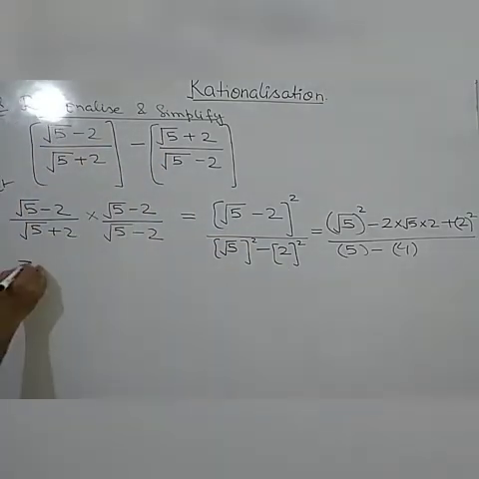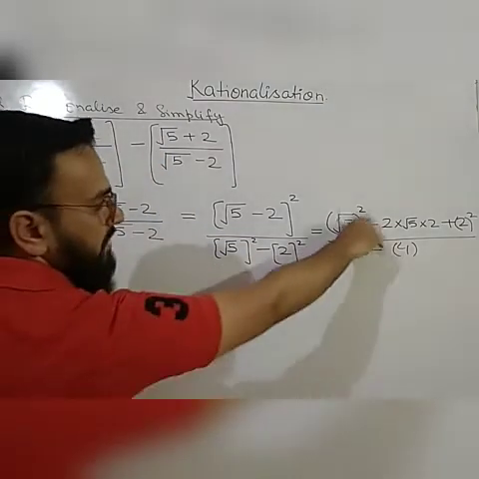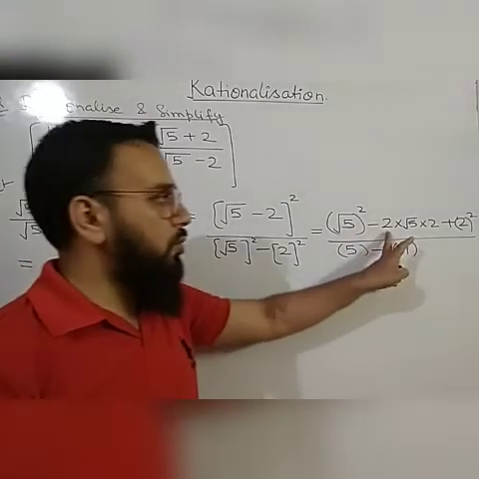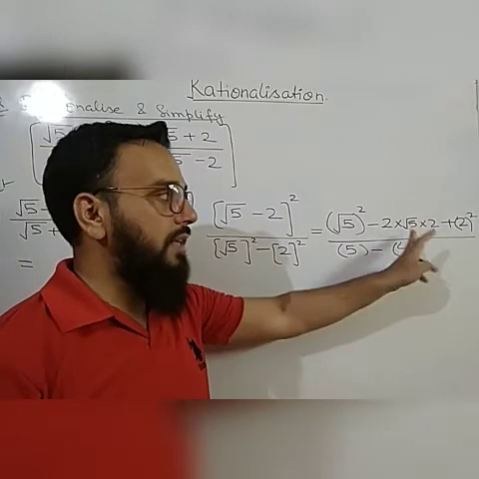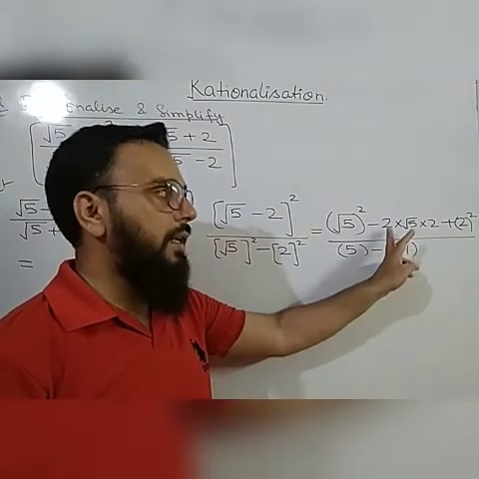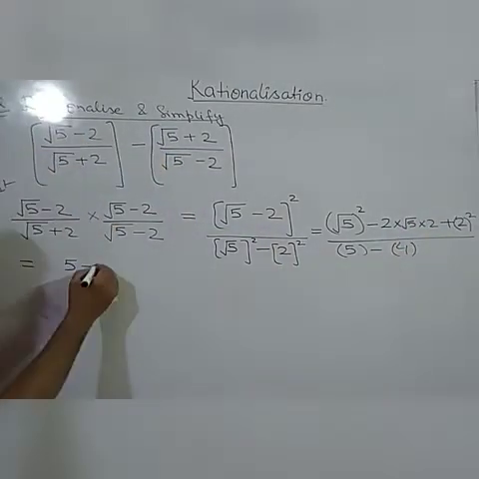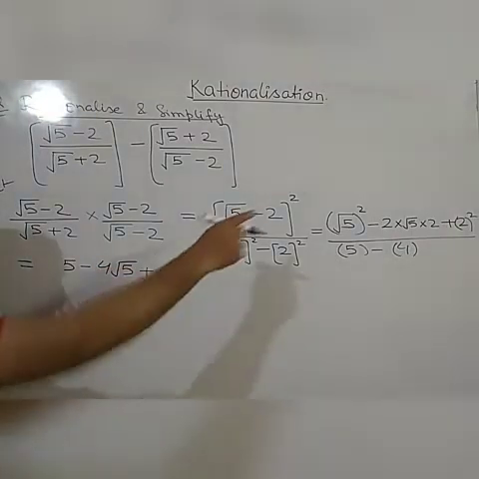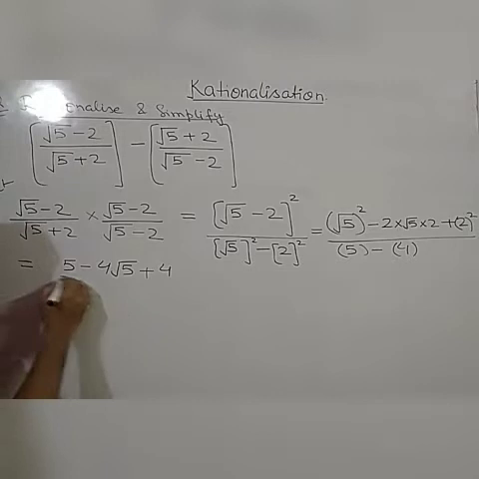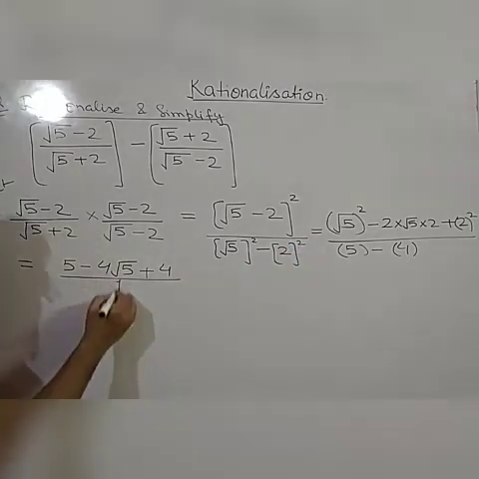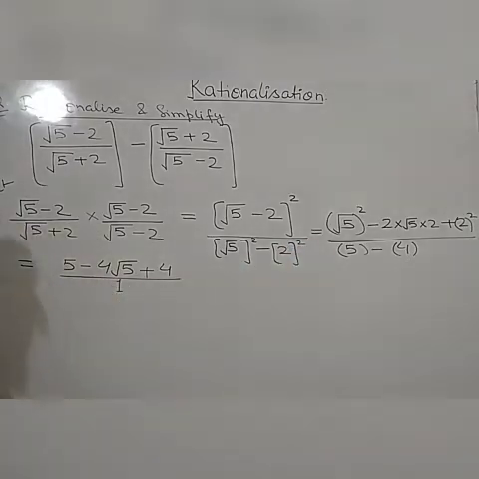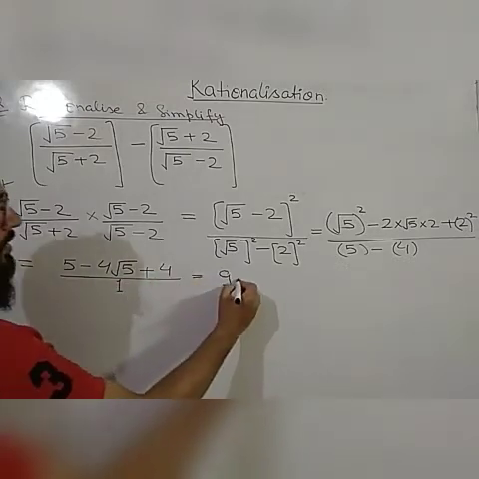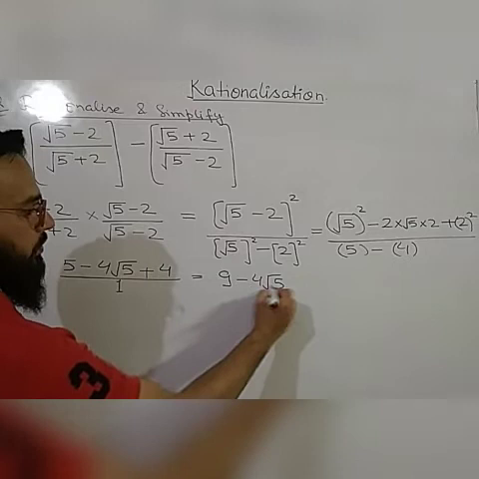Solving further, the numerator is 5 minus 4 root 5 plus 4, and the denominator 5 minus 4 is equal to 1. So its value is 5 plus 4, that is 9 minus 4 root 5.